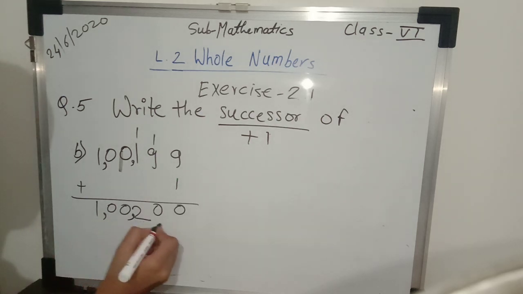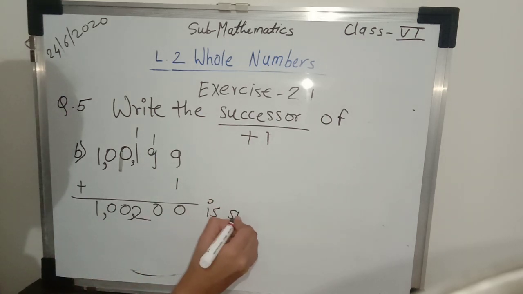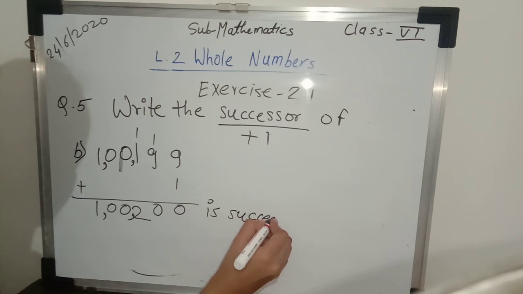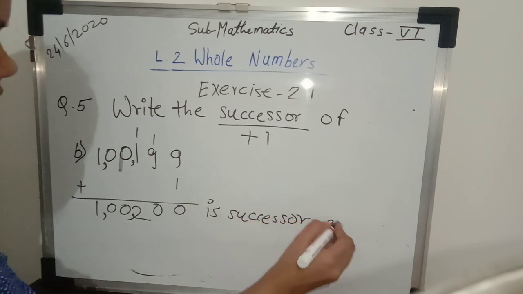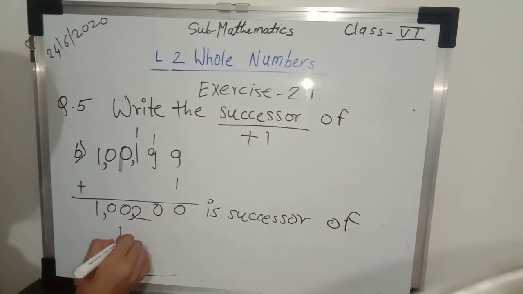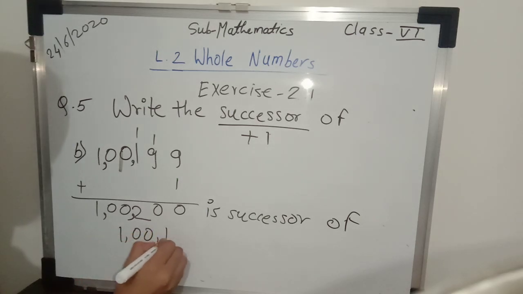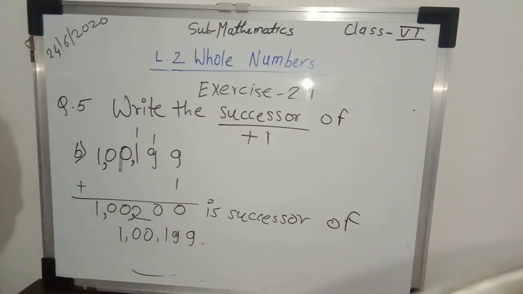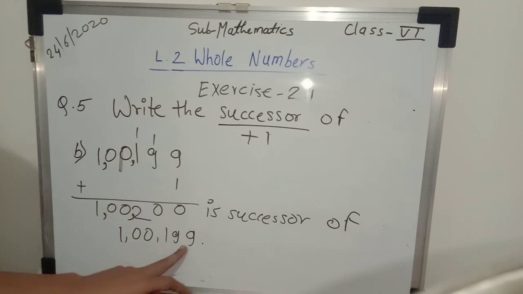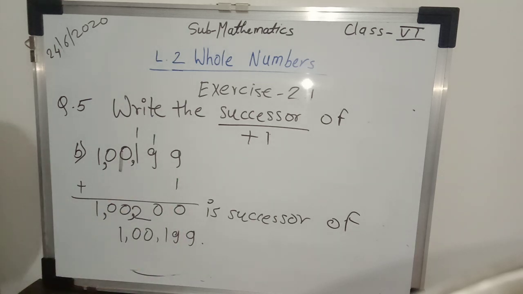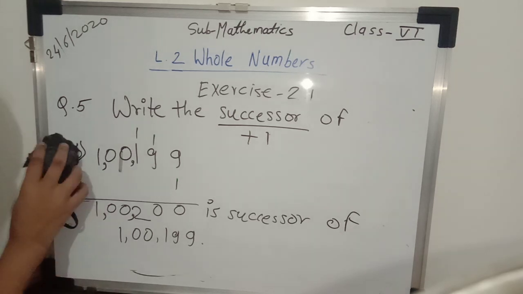So 1,200,000 is the successor of 1,199. Okay. Now let's see the C example.